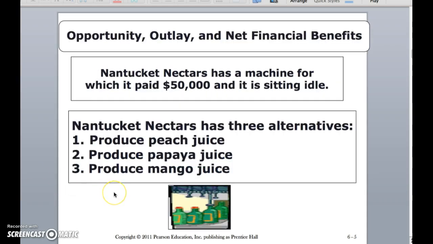Net financial benefit. The juice company has a machine for which it paid $50,000 and is now sitting idle. So you roughly know that the company has paid $50,000 and it has the choice of either producing mango juice or papaya juice or peach juice.